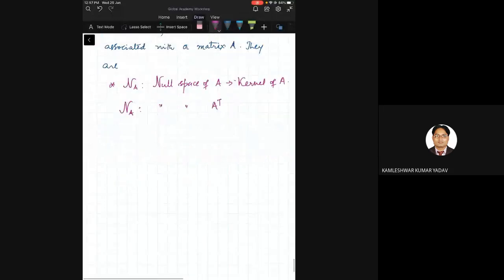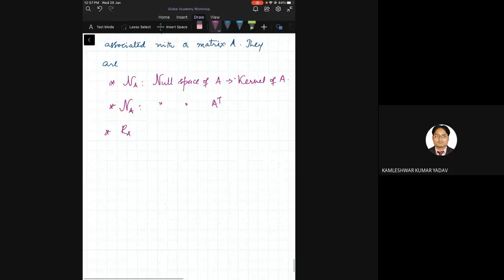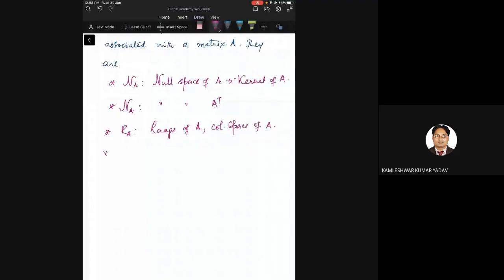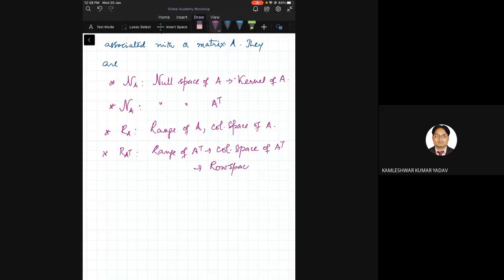Then we have range of A or column space of A. Then we have range of A transpose, which is also the column space of A transpose. Since the columns of A transpose are nothing but rows of A, this is also called as row space of A. And this one is called left null space of A.